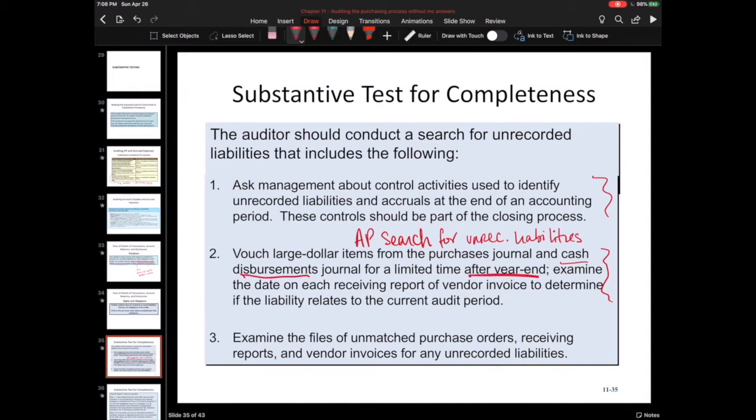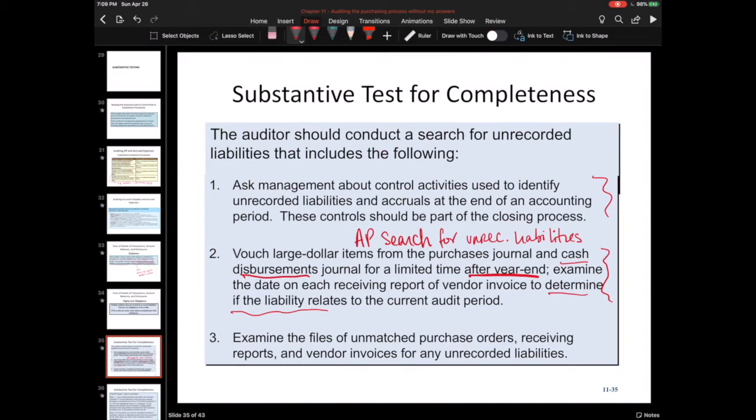And then what we do is we vouch those cash disbursements. So look at all the supporting documentation behind those cash disbursements to determine whether the liability that related to that cash disbursement related to the current audit period, right? The fiscal year under audit, or does it relate to the subsequent year?